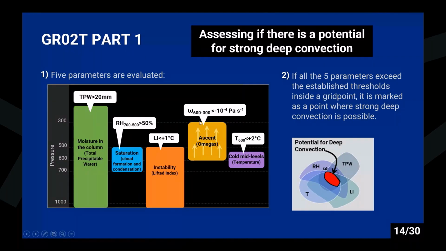Then we're looking as well at ascent resolved by the model. These are the omegas, vertical velocity in pascals. And then we're looking at temperatures in the mid-troposphere. Okay, so if all these parameters pass, and the algorithm says, oh, okay, so there's a potential for strong deep convection at this grid point, now we go to part 2, which is assessing the risk for severity.